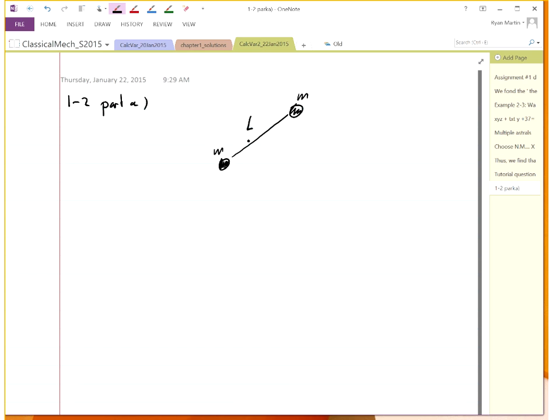But we know because the 2 particles are constrained to always be a distance L from each other, that we can get one constraint equation from that. And so the number of degrees of freedom is 3.